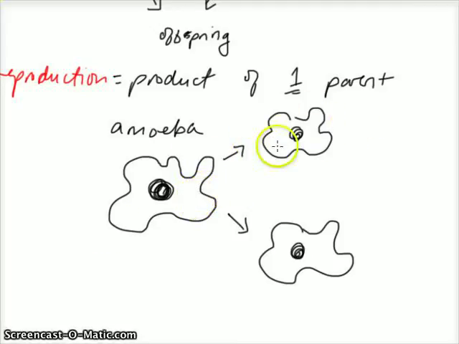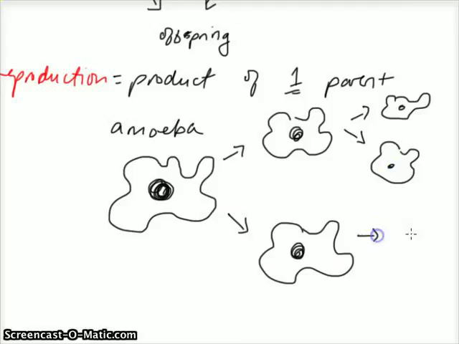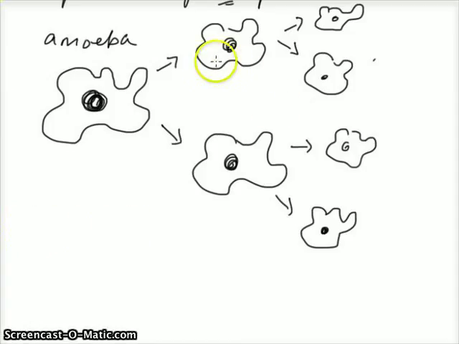And so this would be a parent, and that divides into two new cells, and so will this one, and so will this one also. Because the offspring here are a product of the parent, there's not a lot of genetic variation.